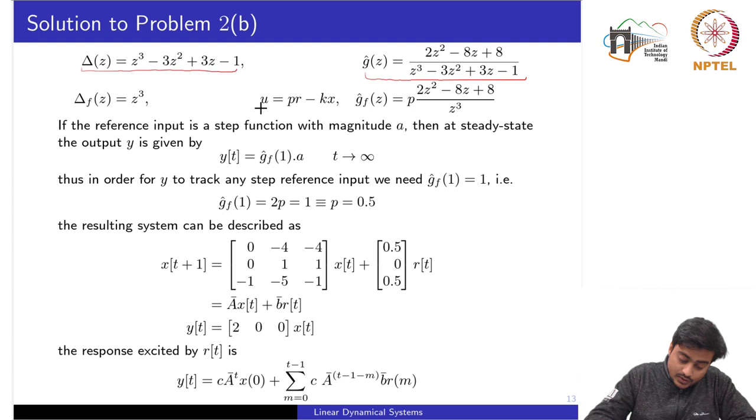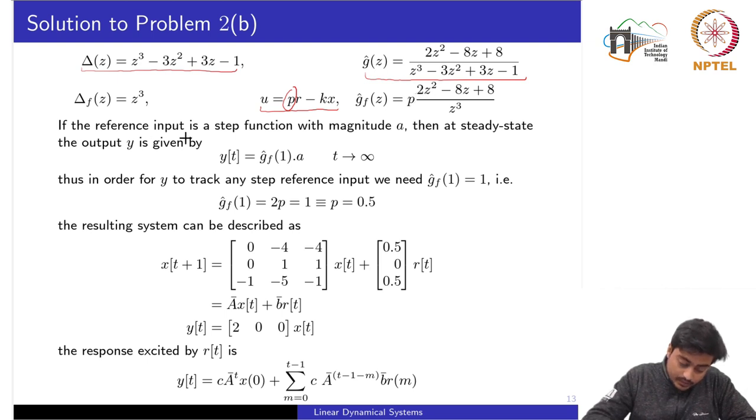This is the controller we are now using, where we have introduced this P because we want to track the reference signal, and the transfer function of the feedback loop is now given by this, where because of inclusion of this P, we would get the overall transfer function with the denominator polynomial unchanged, multiplied by a variable P. Okay.